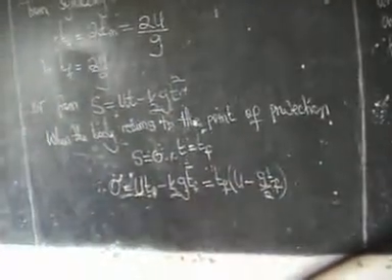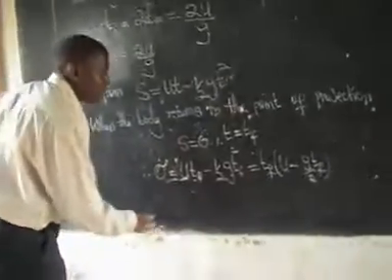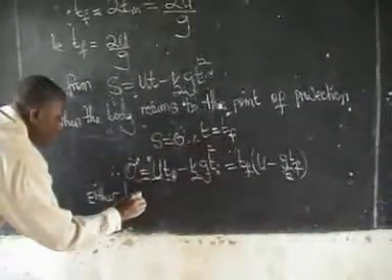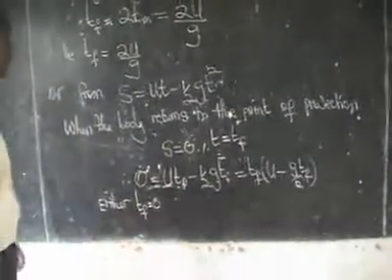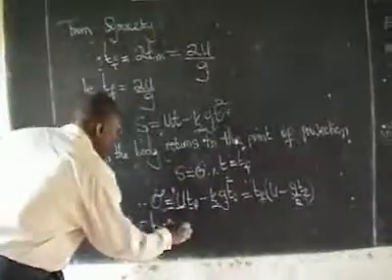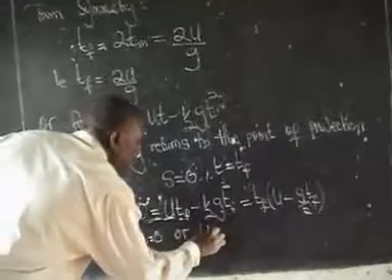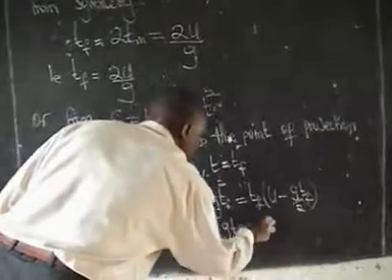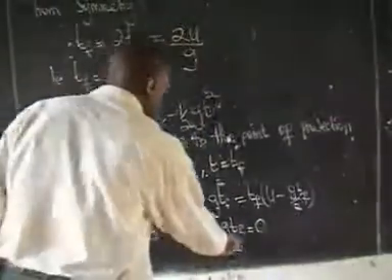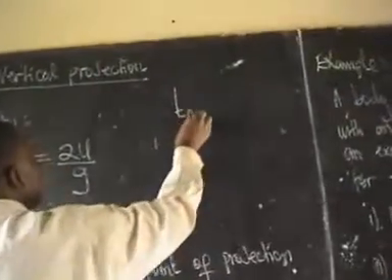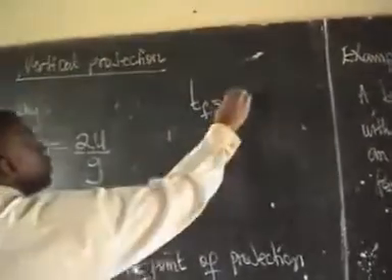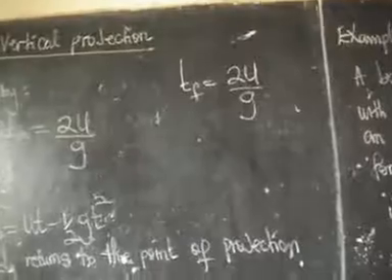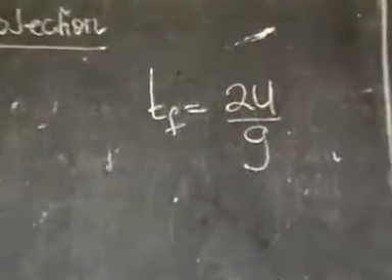Now when you apply the zero theorem, you shall have either tf is equal to 0, and that is the time when the body was projected, or u minus g tf out of 2 is equal to 0. And when you make tf the subject, you will then get tf equals 2u over g, and that is the time when the body has come back to the point of projection.